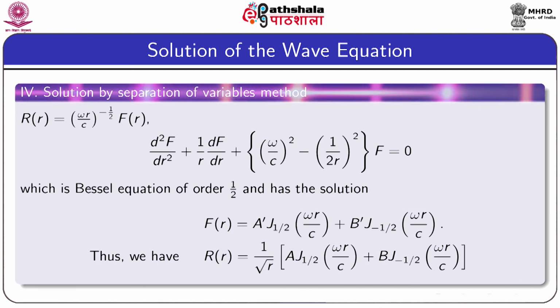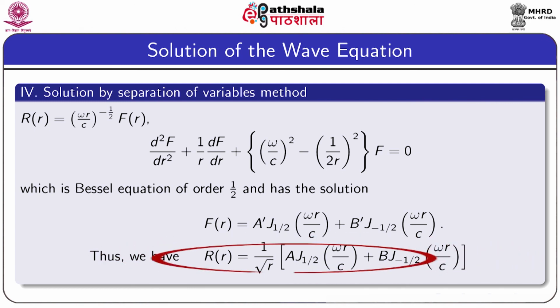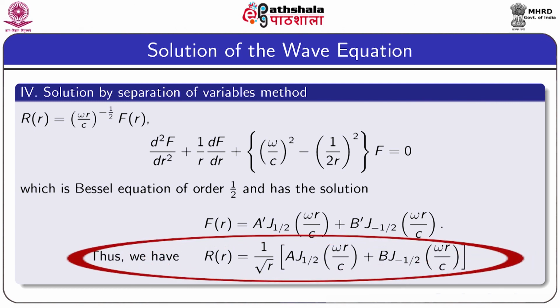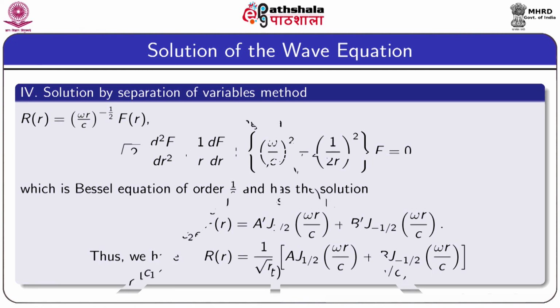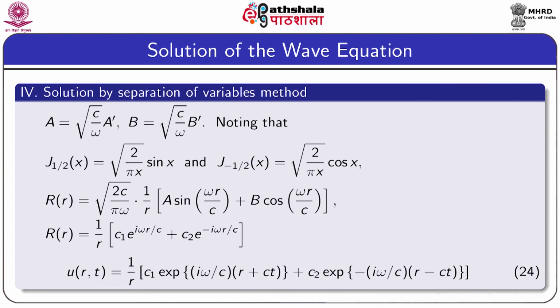Now, the value of capital R can be written as capital R is 1 by square root of r into [A J half(omega r by c) plus B J minus half(omega r by c)], where the constants A and B are defined as A is equal to square root of c by omega A dashed and B is equal to square root of c by omega B dashed.